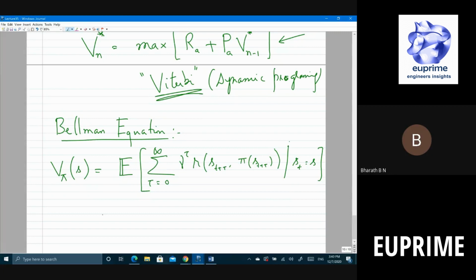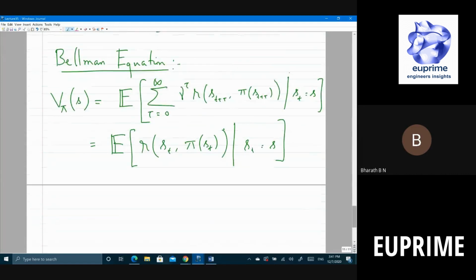Now at tau equal to 0, what do we get? It's s t comma pi of s t. So it will be the expected value of r of s t comma pi of s t, given that s t equals S. This is what we get.